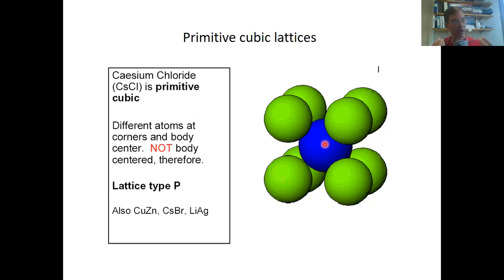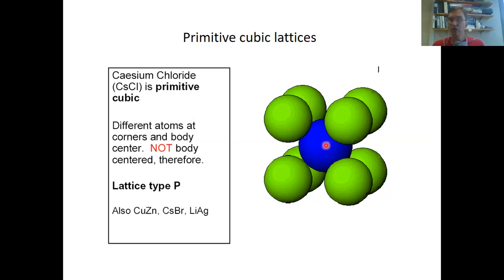So when I put an atom on a lattice point, which is here on the corner of the unit cell, then that translational symmetry must also hold. So that means I must be able to shift this atom from the corner of the unit cell into the center of the unit cell, and then my structure has to look the same.